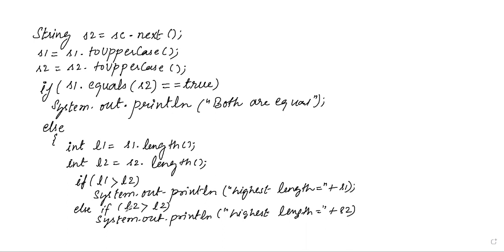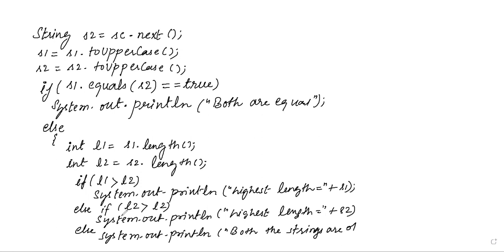If both the conditions become false, it's understood that both the lengths are equal. So in the else part, you will print a message System dot out dot println that both the strings are of equal length.